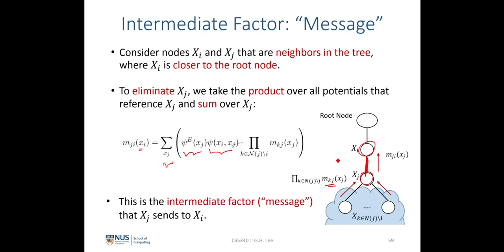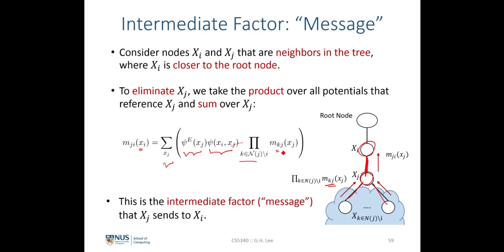So let's represent the message coming from a general node, which is a direct descendant of j, which we denote as xk, where k is in the neighbors of j. This means it's directly linked with j, except for the link with xi, which is its parent node in the tree-like structure.